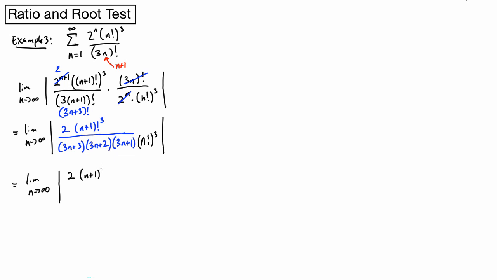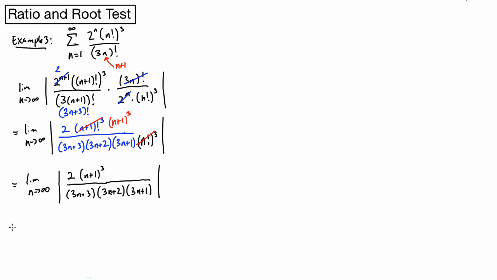So I have n plus 1 cubed here, and here I have these 3 terms. So in other words, this and this would cancel, leaving an n plus 1 cubed. Okay, so the final simplified version of this limit is when it's in this form.